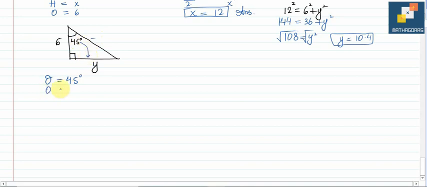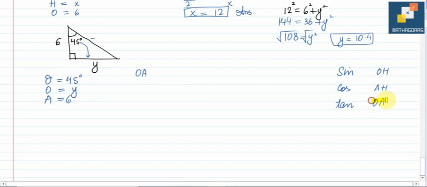So opposite is y, and the leftover, that is adjacent, is 6. Now O and A, again writing down the functions sine, cos, tan. O and A comes where? Sine says opposite over hypotenuse, cos says adjacent over hypotenuse, and tan says opposite over adjacent.